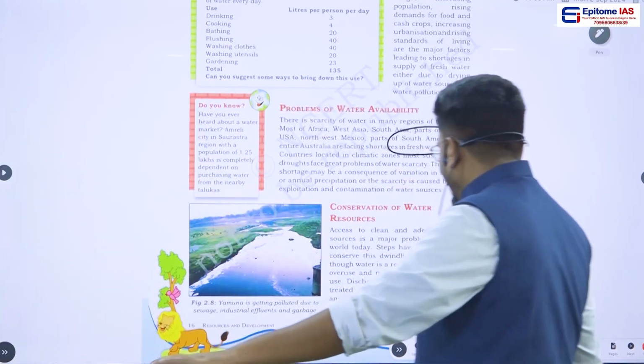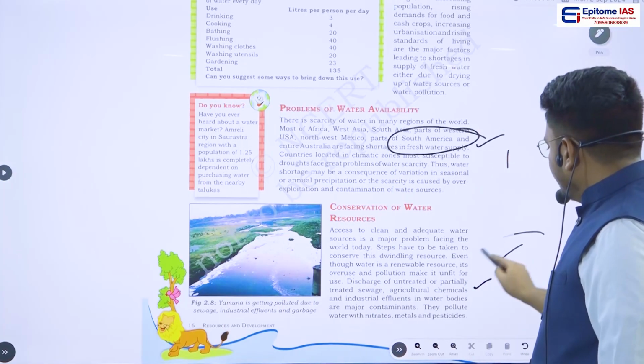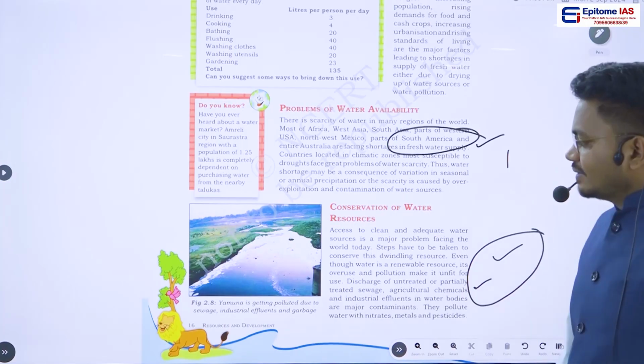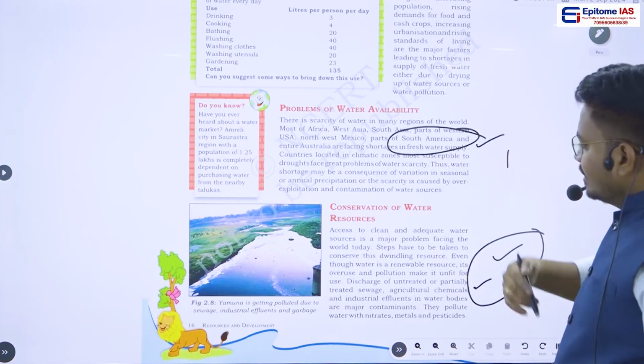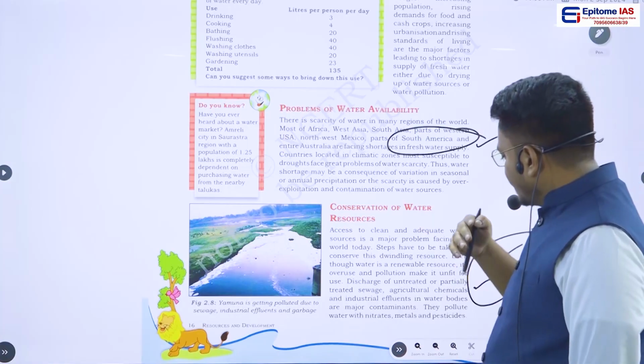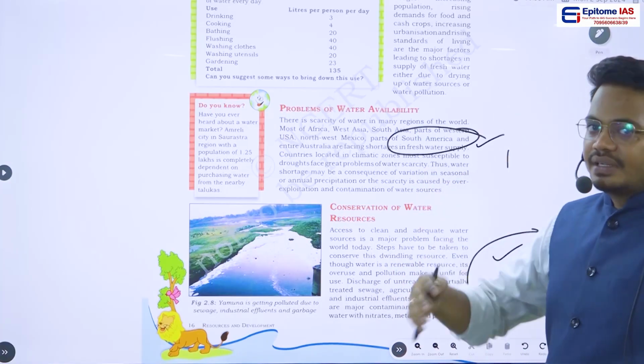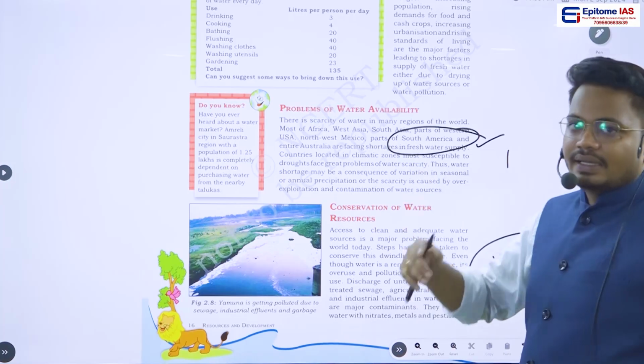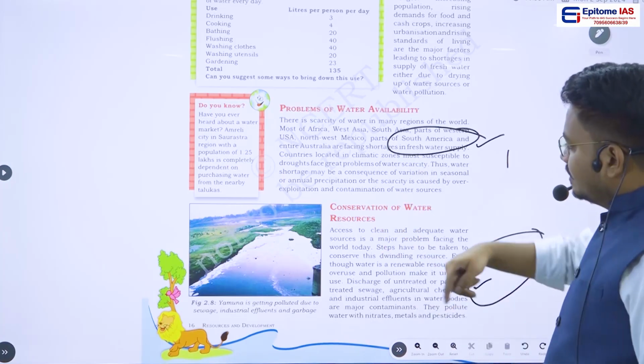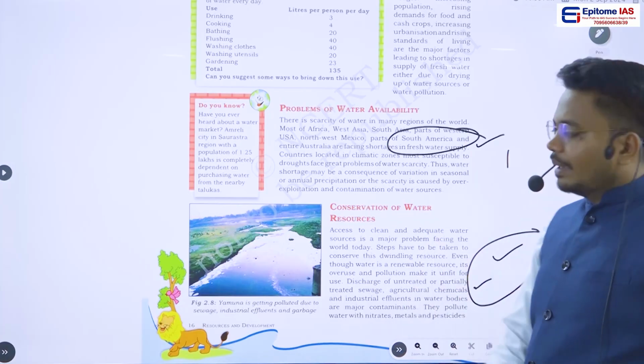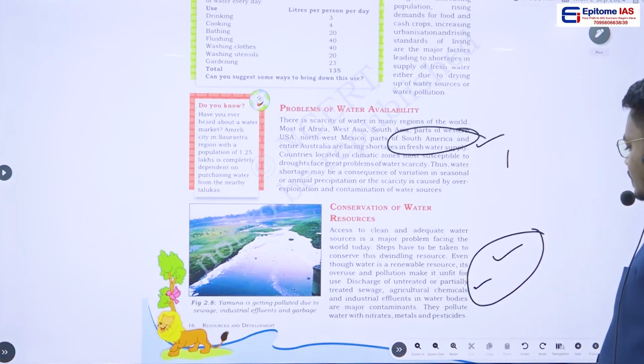And because of the discharge of untreated and partially treated sewage, when this sewage is mixed with the already available water in rivers and lakes, it will contaminate that water as well.